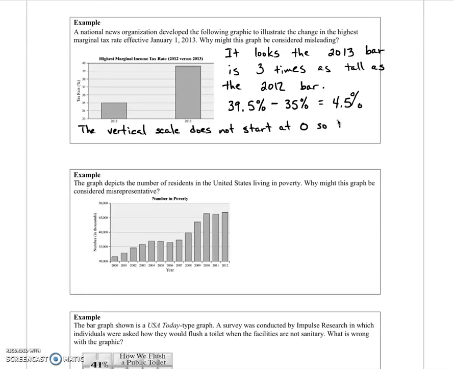And so it causes a distortion. So generally, when we have a vertical scale that does not start at 0, then the graph is just misleading.